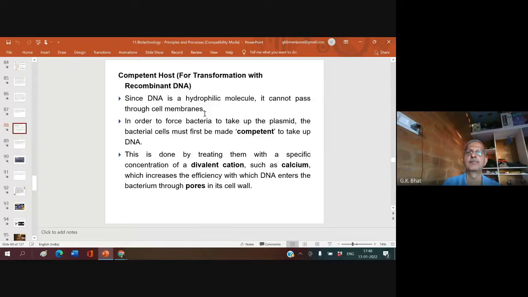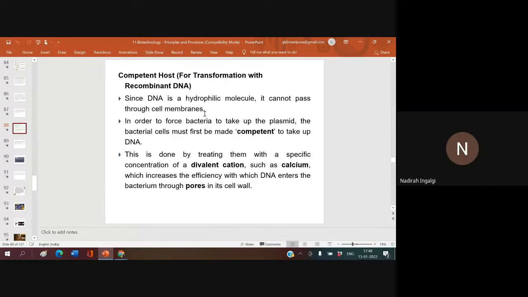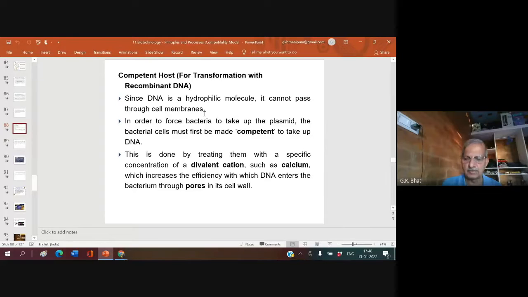Nadira, Savitri, Jayasri, Tanusri, Namrata, Jyoti, Lohit. Why can it not pass through the cell membrane? What is the component of the cell membrane? You don't remember?